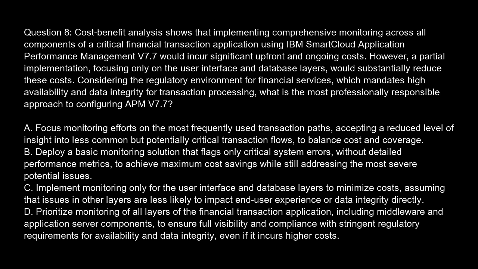Option C. Implement monitoring only for the user interface and database layers to minimize costs, assuming that issues in other layers are less likely to impact end-user experience or data integrity directly. Option D. Prioritize monitoring of all layers of the financial transaction application, including middleware and application server components, to ensure full visibility and compliance with stringent regulatory requirements for availability and data integrity, even if it incurs higher costs.